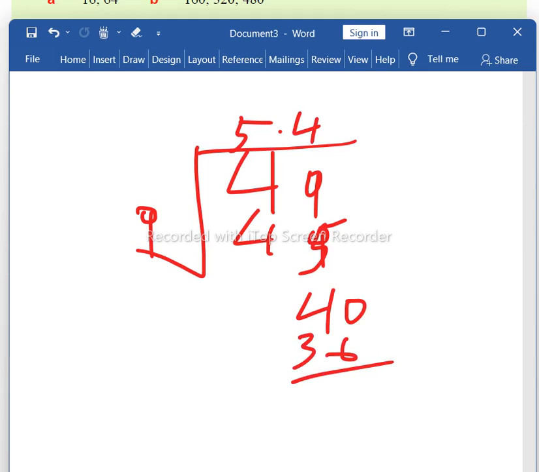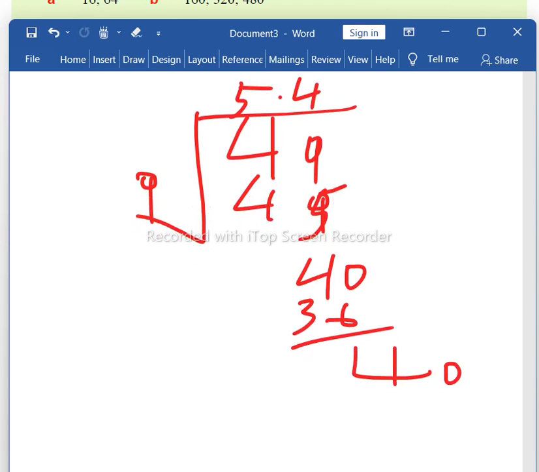When we subtract, 40 minus 36 is 4. Again we add 0, then we have again 40 divided by 9, 4, which is again 36. Again we have 4 here.